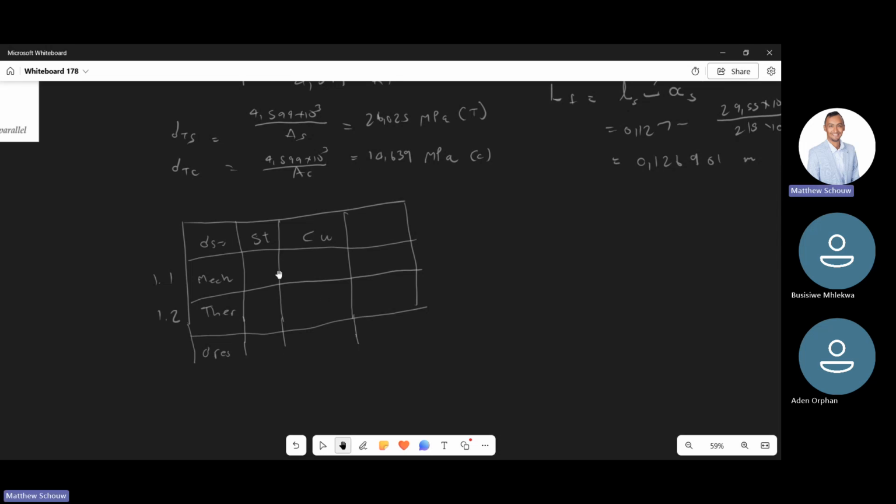Then what I want you to do is read the stress values and the sense as well, meaning whether it's compressive or tensile. Let me know if you're done with the table. Okay, perfect. Once you're done, let me know and then we can move on.